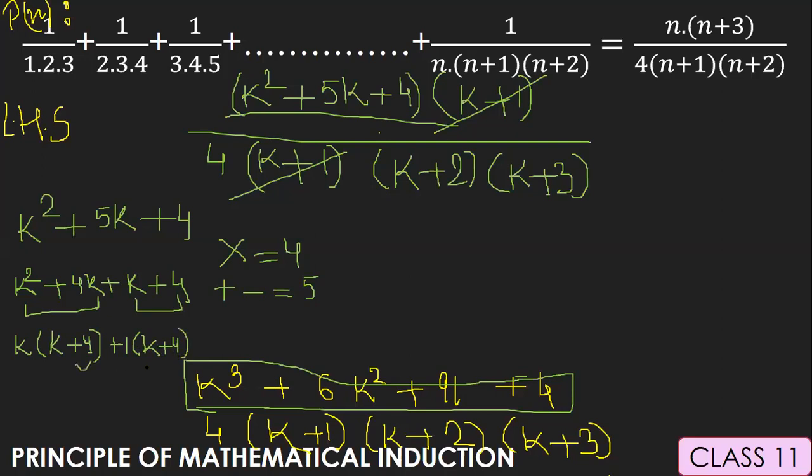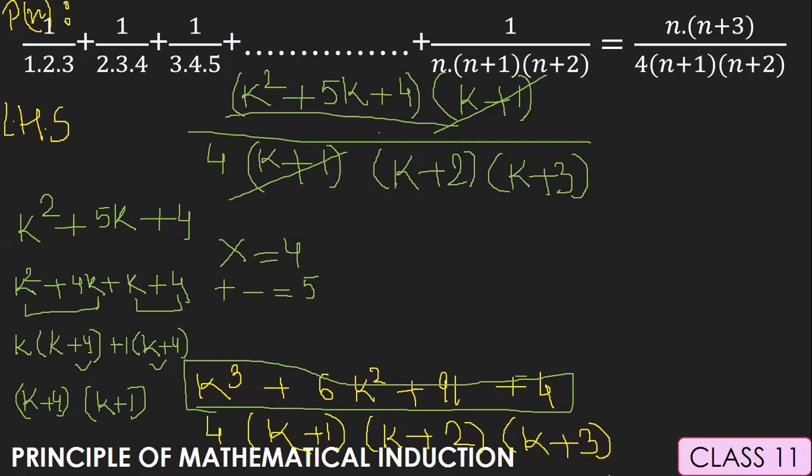So k plus 4 is common in both and you are left with k plus 1. So k square plus 5k plus 4 can be written as k plus 4 into k plus 1.